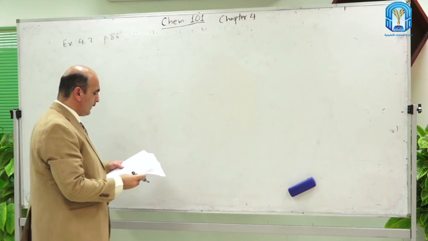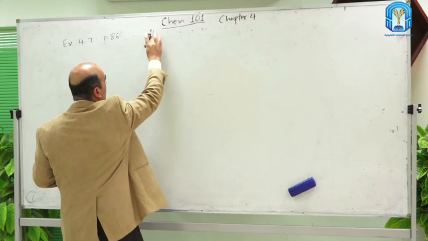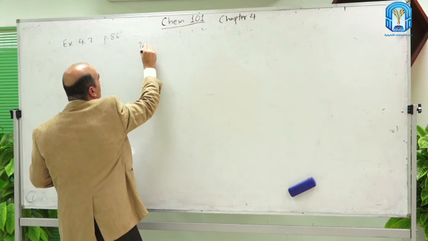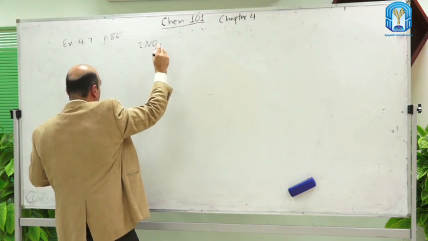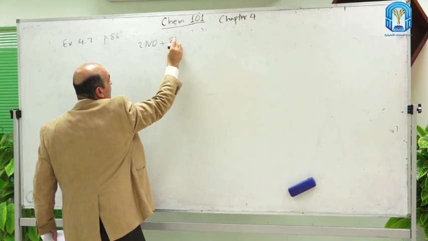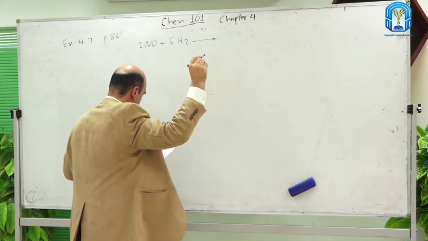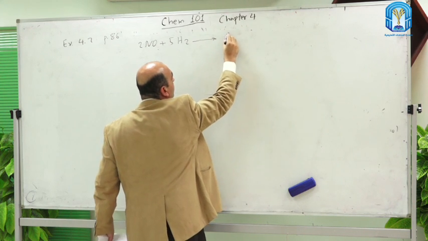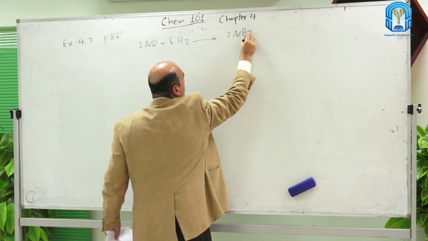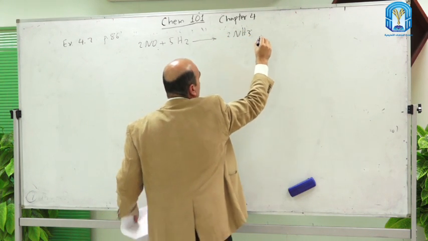We have a chemical reaction, 2NO, nitrogen monoxide, plus hydrogen, yields ammonia, plus water.